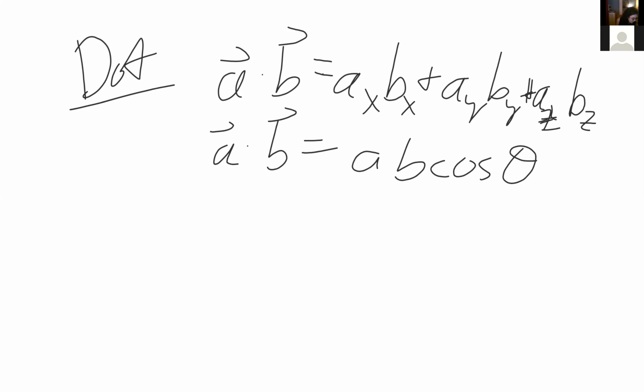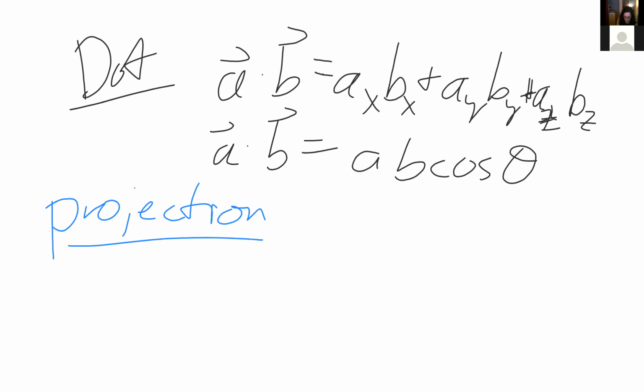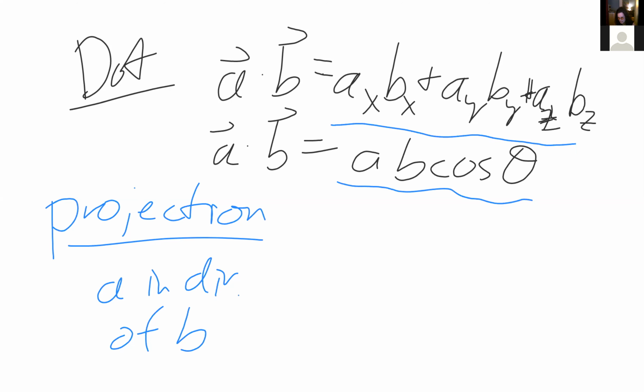And so there are 2 problem types that you'll see on the old exams. One is the projection problem. And a projection problem says the component of A in the direction of B, for example. In that case, you're going to set these 2 equations for the dot product equal to each other.